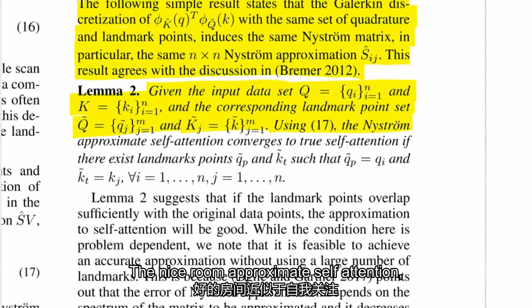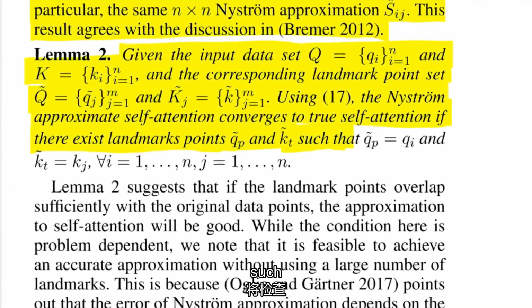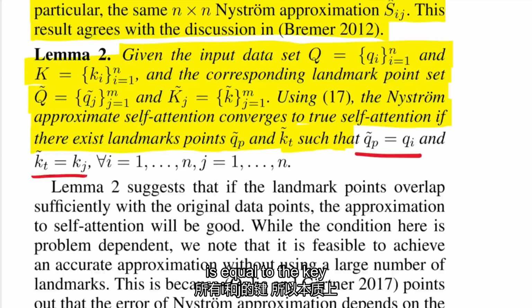The Nyström approximate self-attention converges to the true self-attention if there exist landmark points Q tilde and K tilde such that, and now check this out, such that the landmark query is equal to the query, and the landmark key is equal to the key for all i and j.